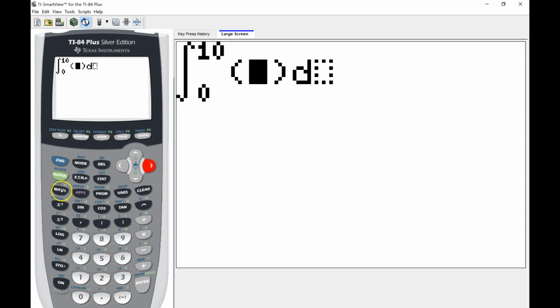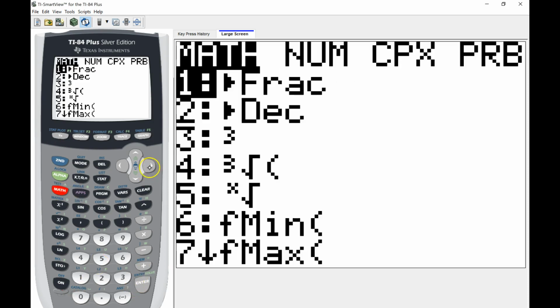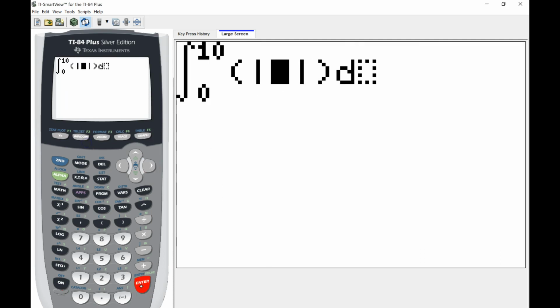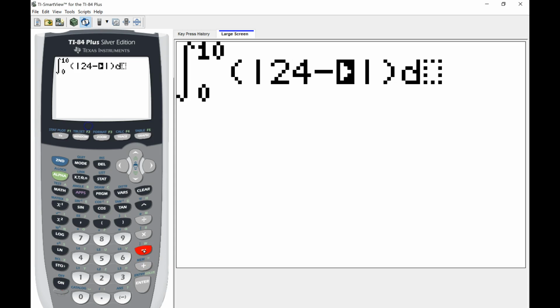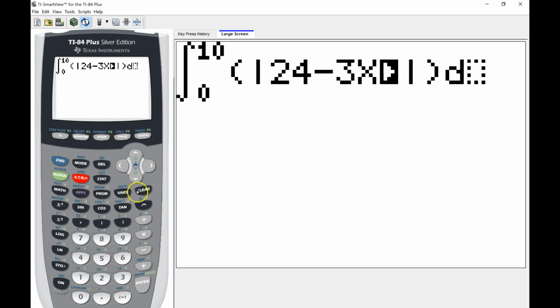And now it's the absolute value, so that's math number 1. And it's 24 minus 3t, or x, dx. In the older version, where you get the parentheses, you're going to do the function integrate.